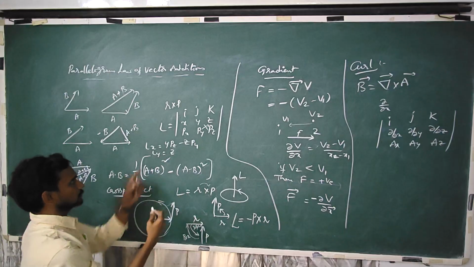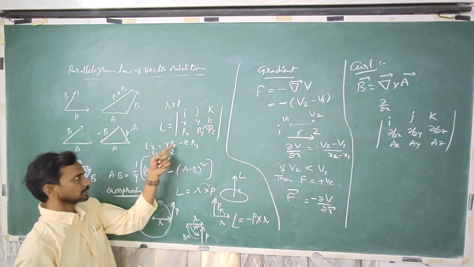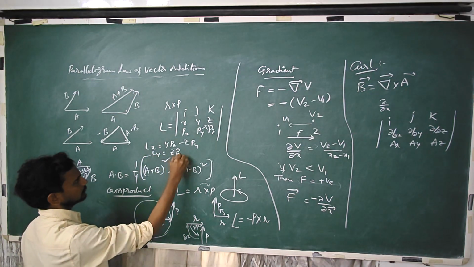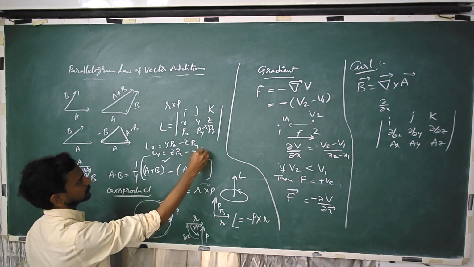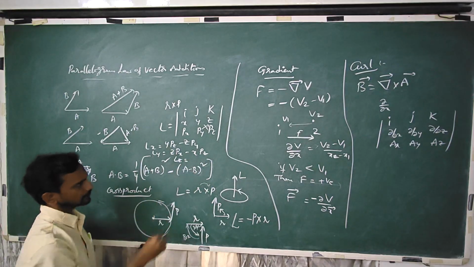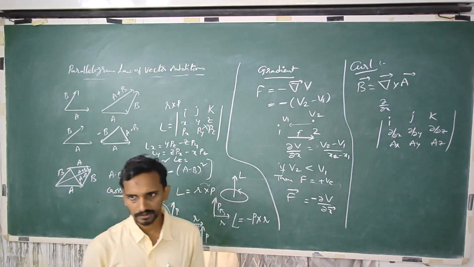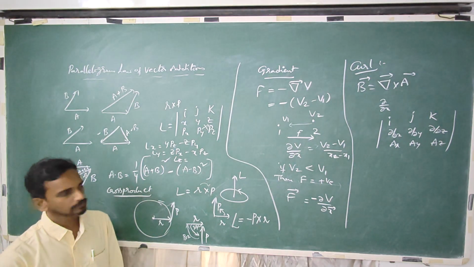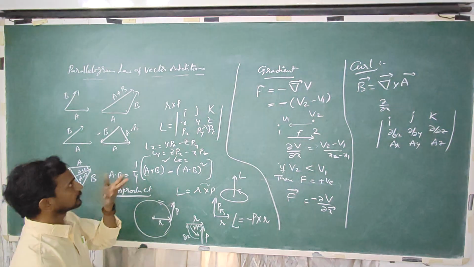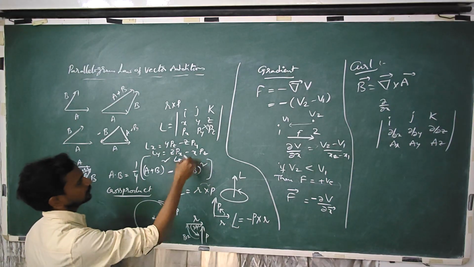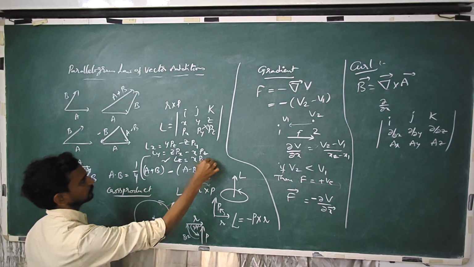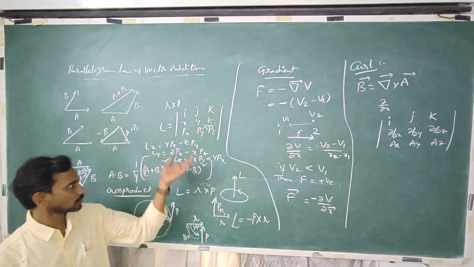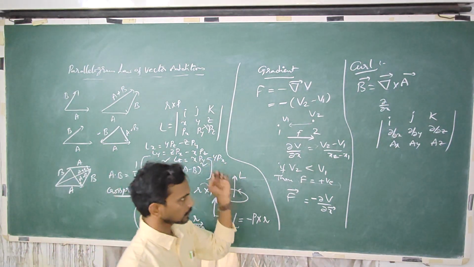You have to go to the next order. When you are taking x, it is ypz minus zpy. So when you are starting with y, it will be zpx minus xpz. And Lz is similar. So Lz is, you have to see the next term, xpy minus ypx. So that is how we can calculate the cross product.